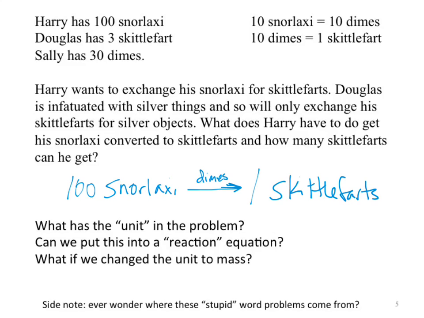Okay. For instance, if we changed it now back to something that we can apply, let's make that Snorlaxy pennies. And let's make our Skittle fart dollars. Is a dollar bill exactly 1/100th of the weight of a penny? No. Okay. We could convert it into nickels, or dimes.